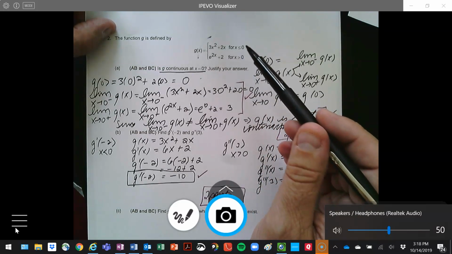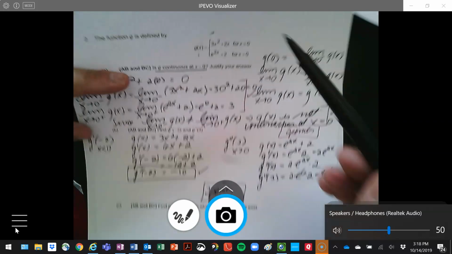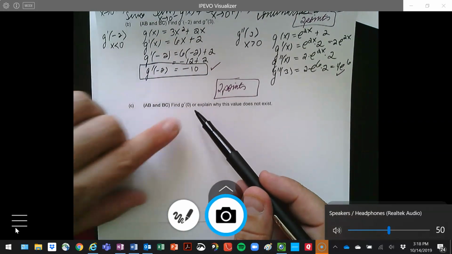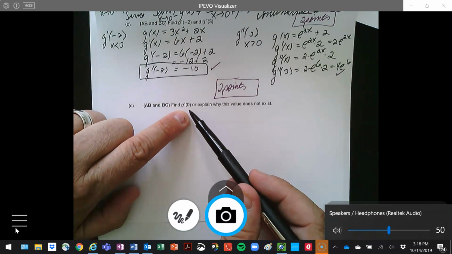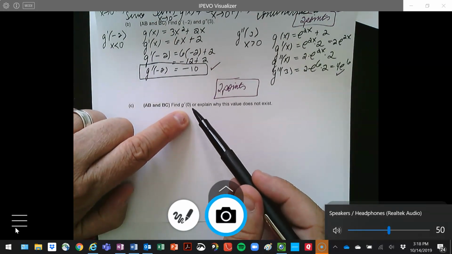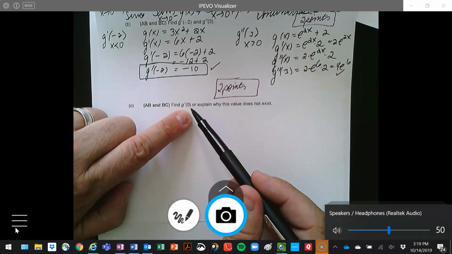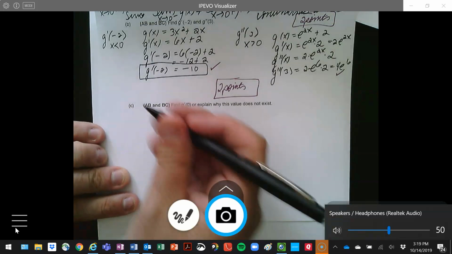What you're forgetting about is that in order for a derivative to exist, in order to find the derivative of g at 0, the function has to first be continuous at that point. And we showed in part A that g is not continuous at 0.